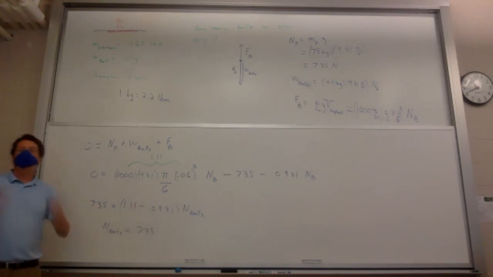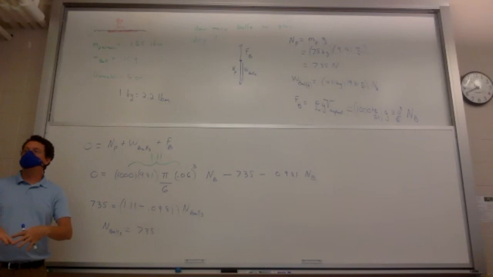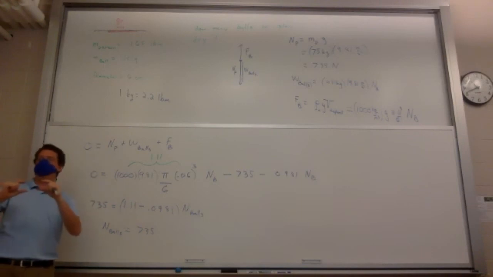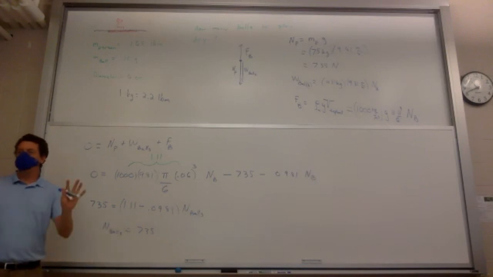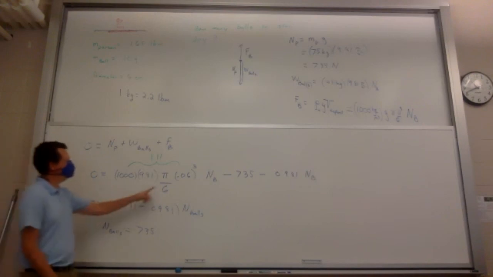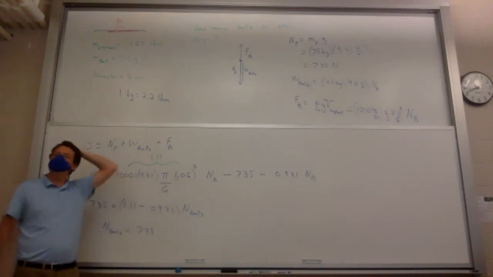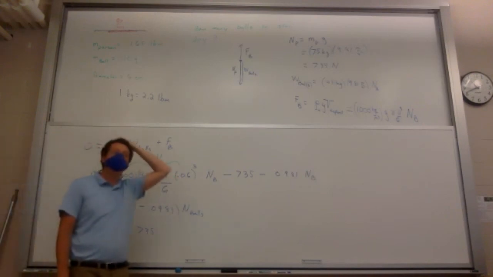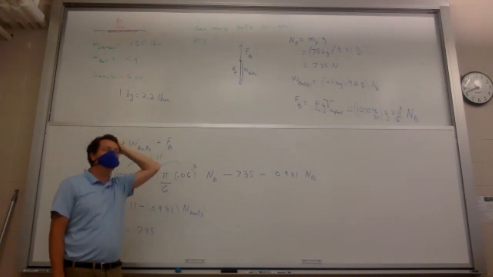If something is fully submerged, then the volume of the object equals the volume displaced. If it's only partially submerged, you have to figure out that fraction of the volume. Because the balls are fully submerged, it was simple here. But if I had said only let the balls be half displaced, you'd have to figure that out, and that would amount to a factor of half here. But you have to read the problem to analyze it.